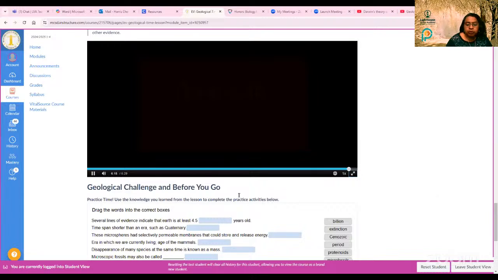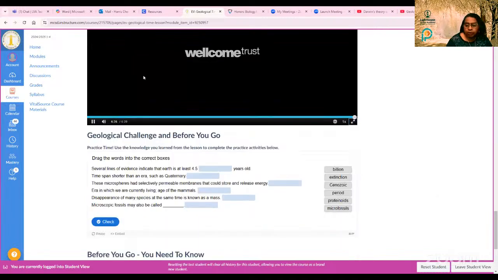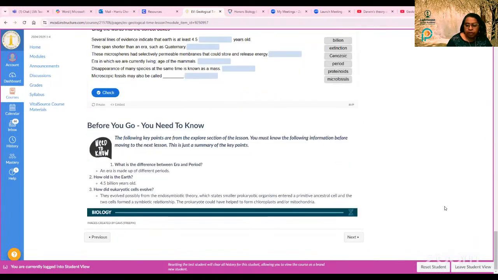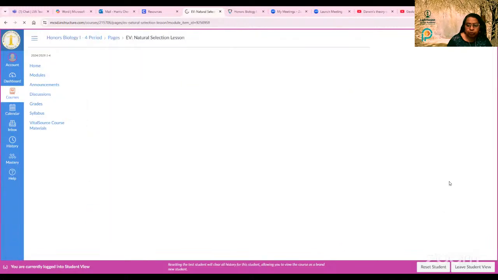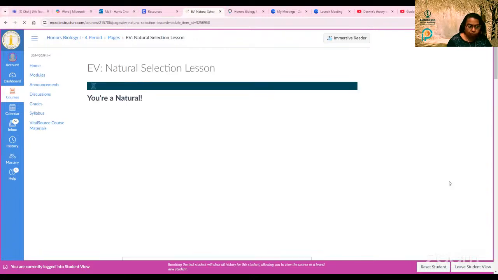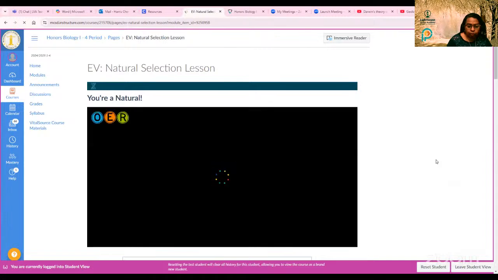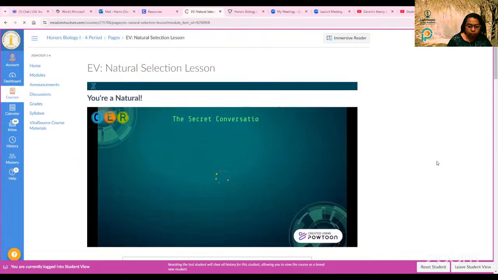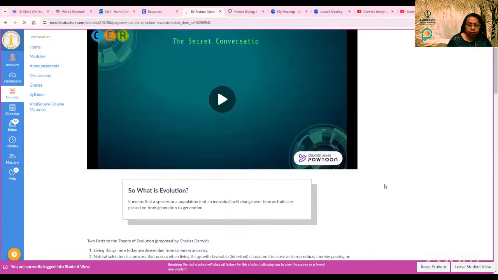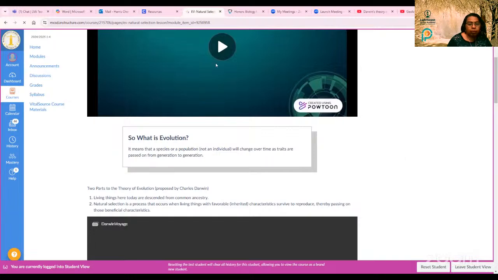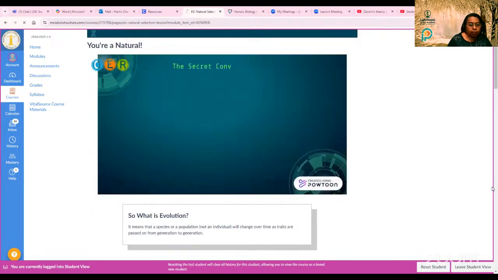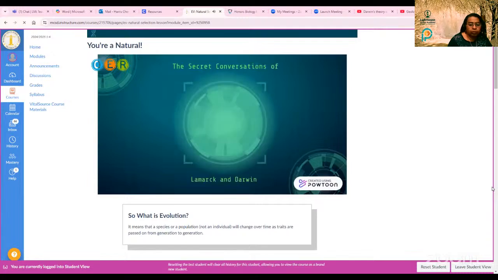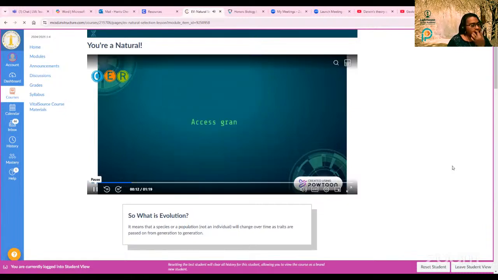All right, so as far as this page is concerned, make sure you go through the geologic challenge, and then on the next page, okay, so these are two names that you need to become familiar with, Lamarck and Darwin.